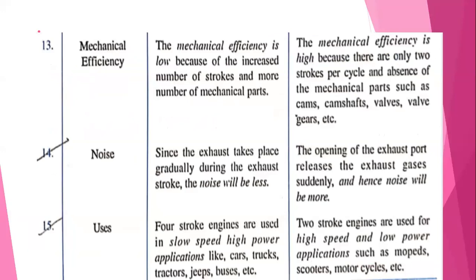Next, come to the point, the efficiency. We discussed the efficiency of the engine. For any system or any machine tool or anything, first we discuss the efficiency. The efficiency is always less than 1, or less than unity. That is nothing but the efficiency of the engine.